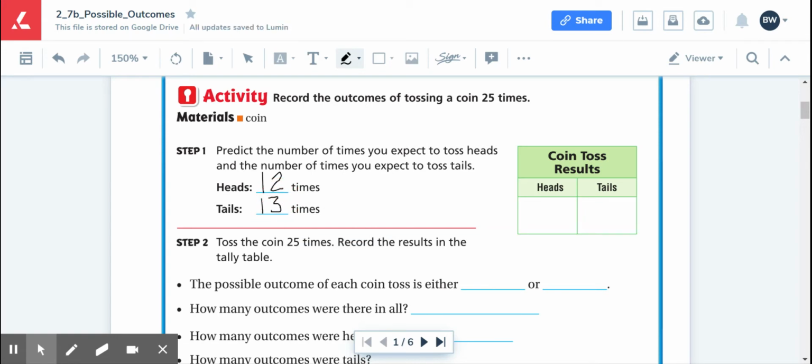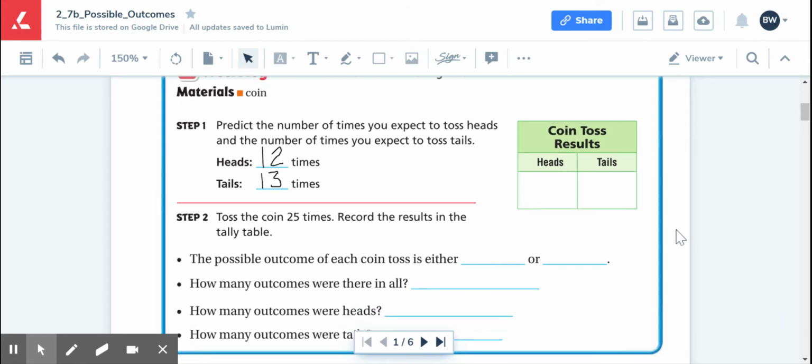If we added those up, that would add up to 25. And they're very, very close. So that's not what I got. But is it okay that my prediction is wrong? Yes, because it's just a guess.